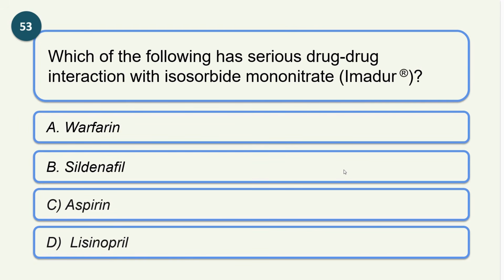Next, which of the following has serious drug interaction with isosorbide mononitrate? Brand name is Imdur. A. Warfarin. B. Sildenafil. C. Aspirin. D. Lisinopril. Correct answer is sildenafil. Brand name of sildenafil is Viagra.